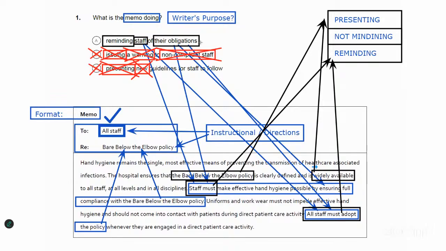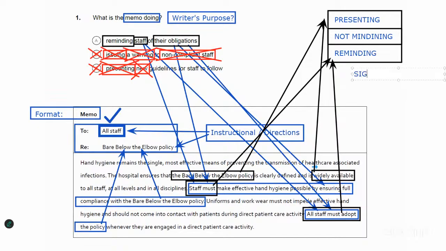So, step 5. Now take the signal words: must, compliance, adopt. These are called strong obligations. These are signal words. Write them down, all of you. What are signal words?